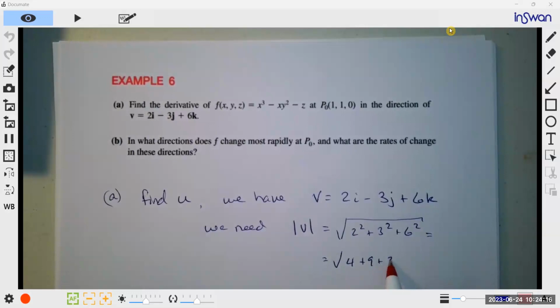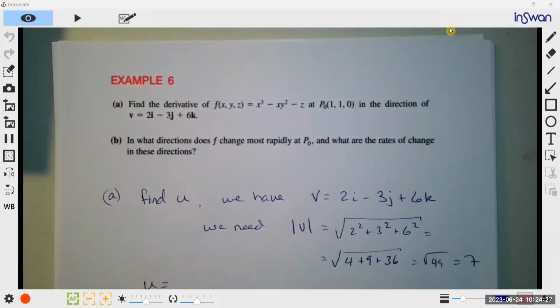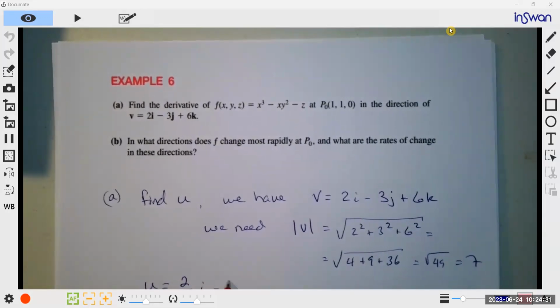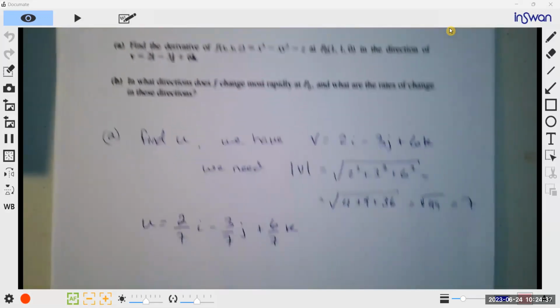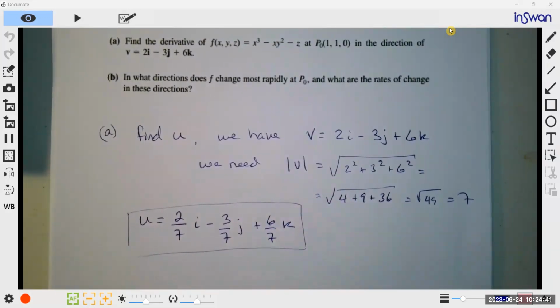Four plus 9 plus 36. 49 is 7. So u equals 2 over 7 i, 3 over 7 j, 6 over 7 k. That's the first way to find it.